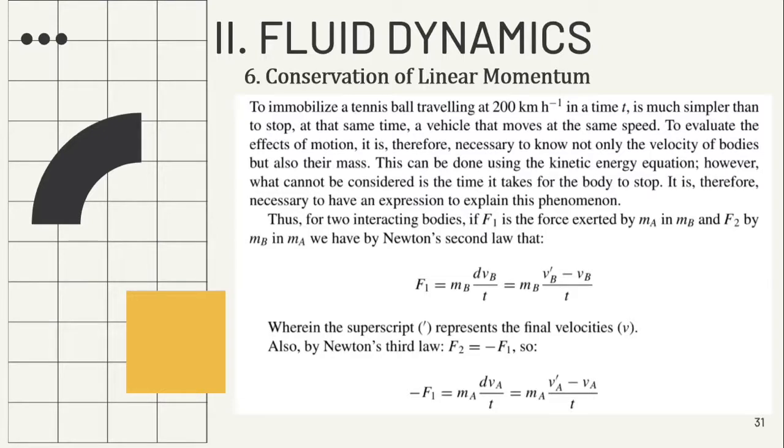However, what cannot be considered is the time it takes for the body to stop. It is, therefore, necessary to have an expression to explain this phenomenon. Thus, for the interacting bodies, F1 is the force exerted by m1 on m2 and F2 by m2 on m1, and we have by Newton's second law the equation shown below.